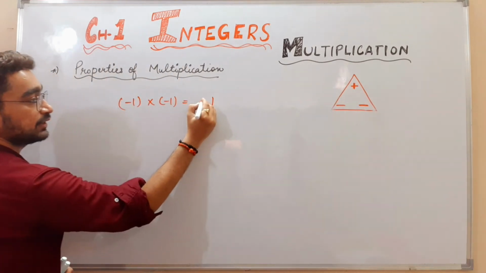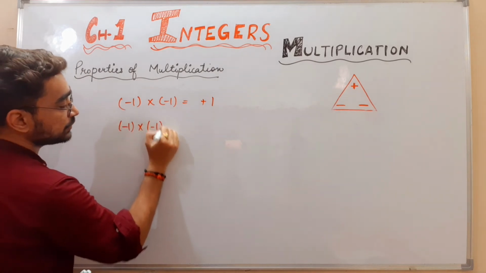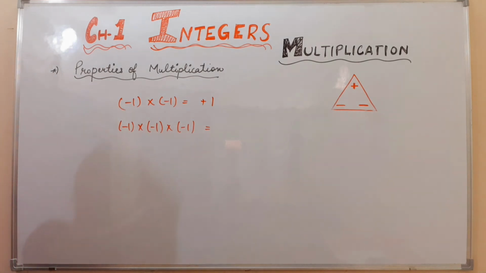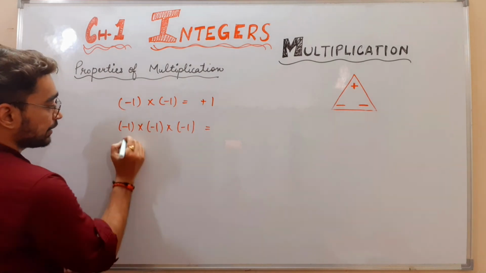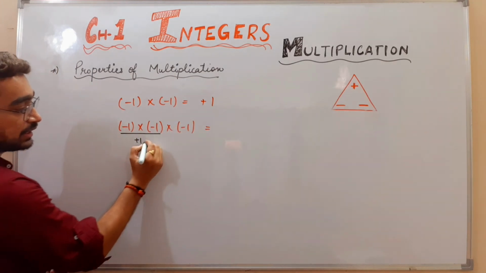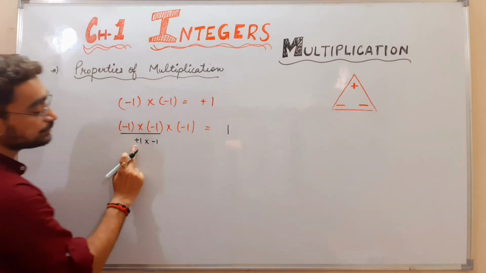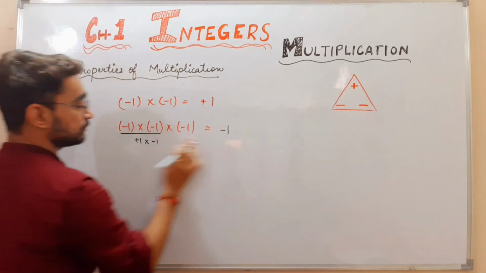So it will be positive 1, right? If it is minus 1 into minus 1 into minus 1, if 3 times are coming here, then minus 1 into minus 1 will become plus 1, then into minus 1. 1 ones are 1, 1 is positive, 1 is negative, so the answer will be negative, minus 1.